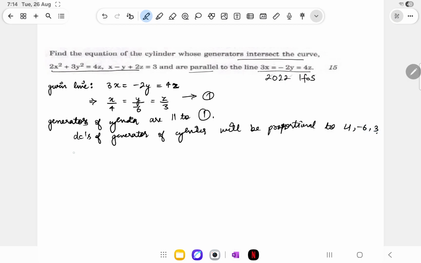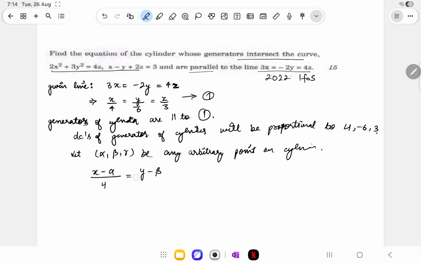So if I assume that alpha, beta, gamma be any arbitrary point on the cylinder, then the equation of the generator will be basically x minus alpha upon 4 is equals to y minus beta upon minus 6 equals to z minus gamma upon 3.